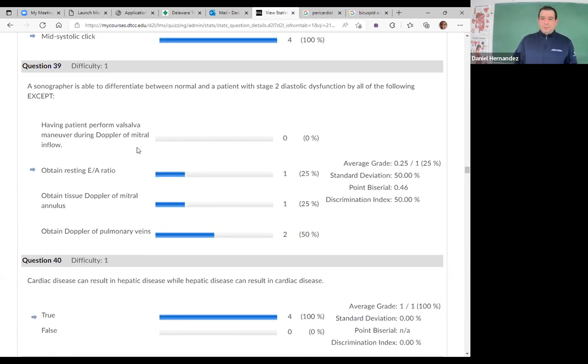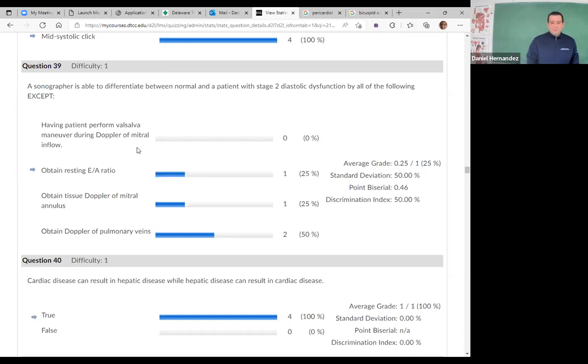Tissue Doppler will help us differentiate between a patient who has normal diastology versus someone who has stage 2 diastolic dysfunction, as well as Dopplering our pulmonary veins. Those are some of the key ways that we can differentiate between patients with diastolic dysfunction and a patient who's normal.